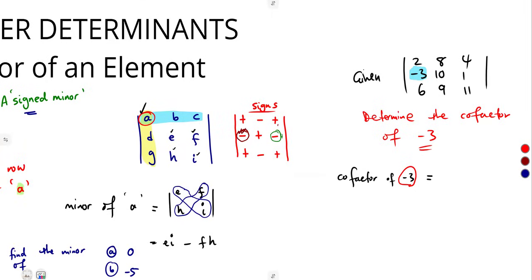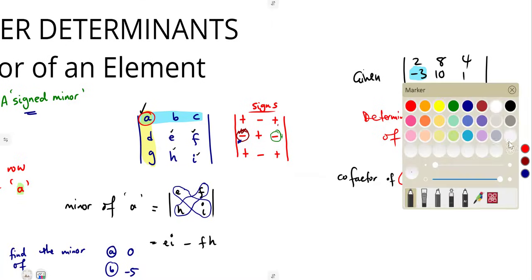So meaning to say, the cofactor of negative 3 is going to have a negative sign first. It's a negative here according to the matrix of signs, not according to the negative 3, no, according to here. So this is the sign first that you must put.